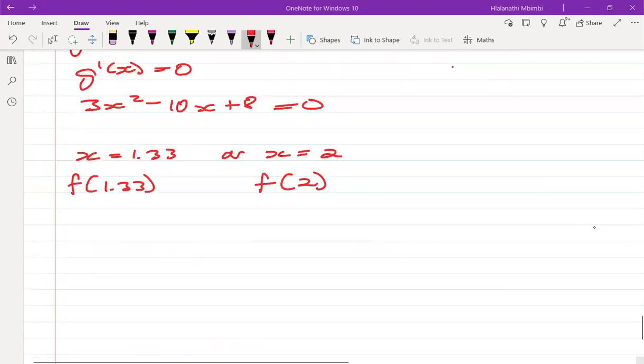So if this is 0, and this is the other value, it means that these are the coordinates of the turning point.